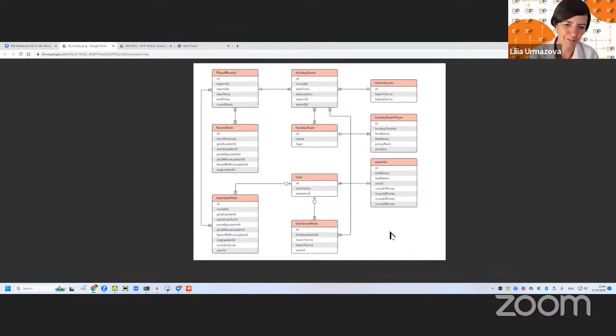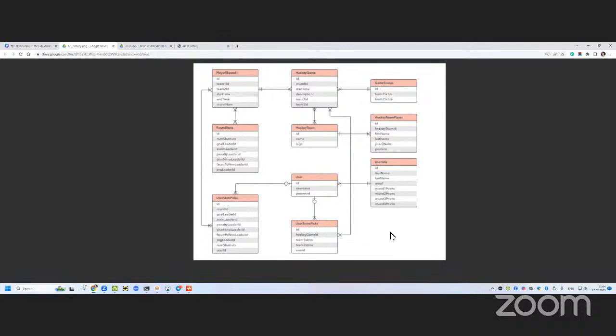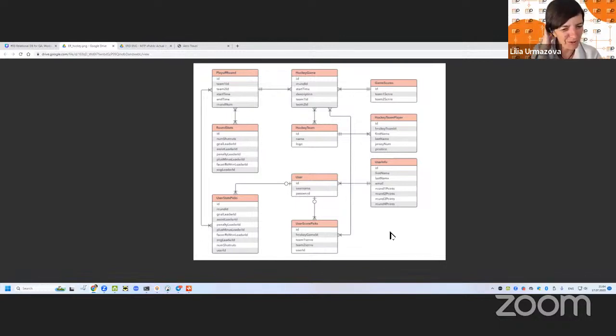Yes, but actually, we have the foreign key here. We have the primary key here, ID, and what foreign key will help us get the information?